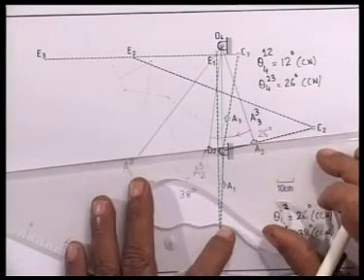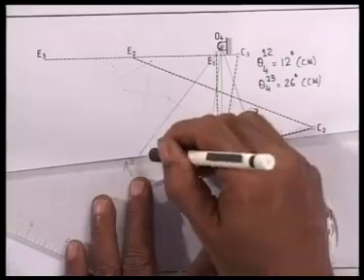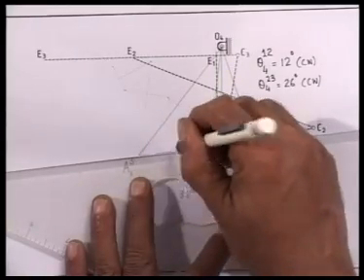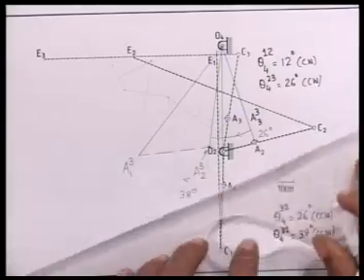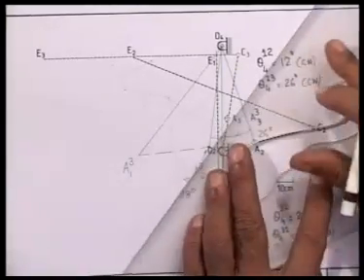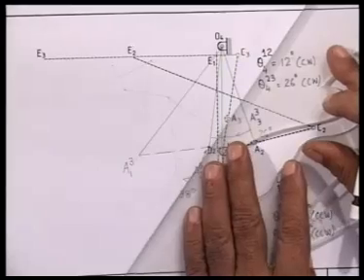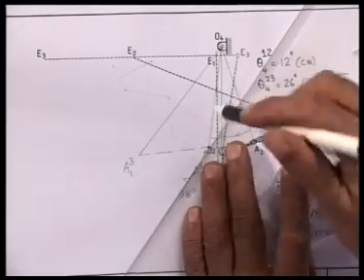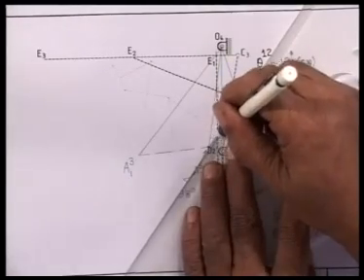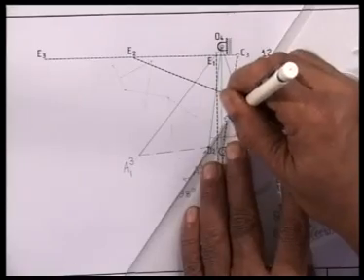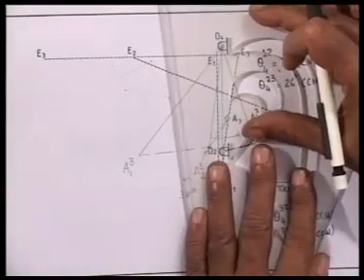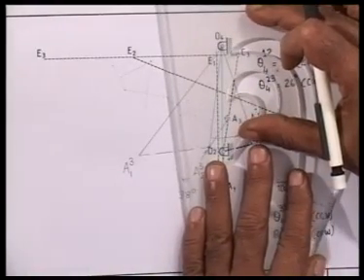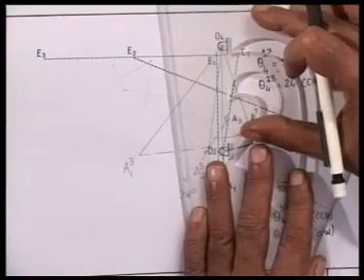We draw the perpendicular bisector of these 2 lines, namely A23 and A13, and A33 and A23, that is this line. We can draw simply geometrically.